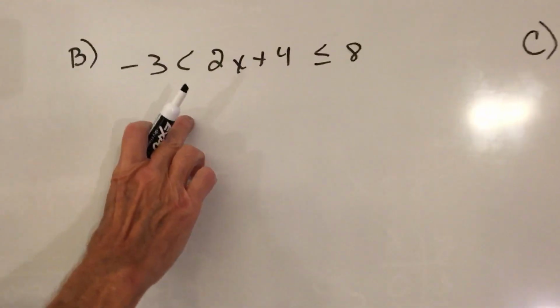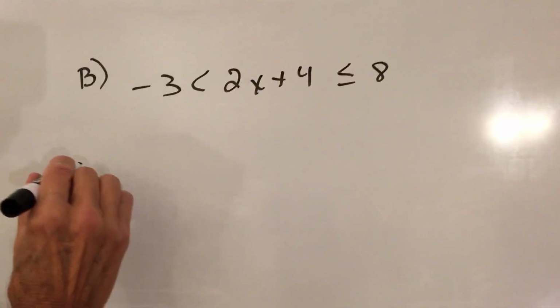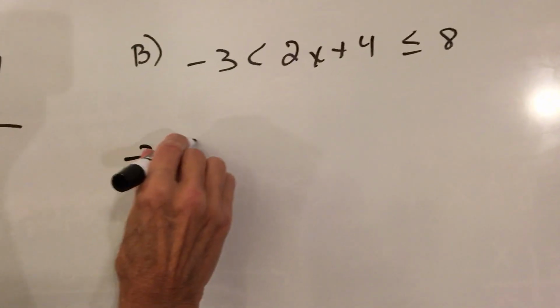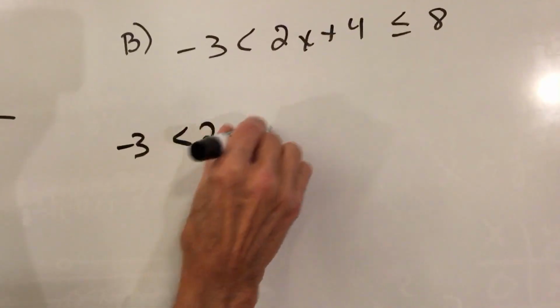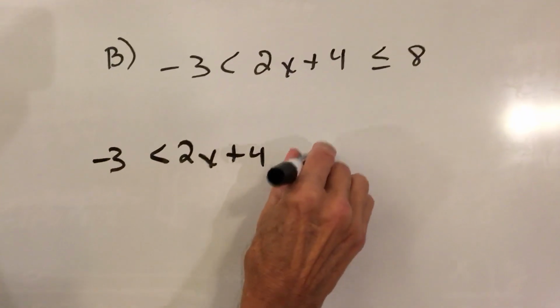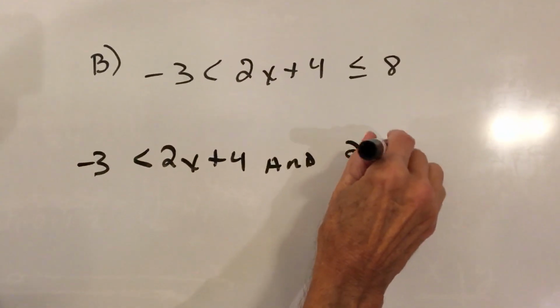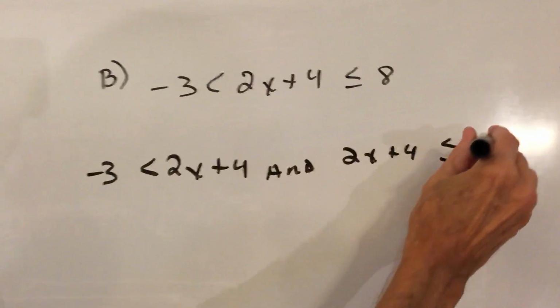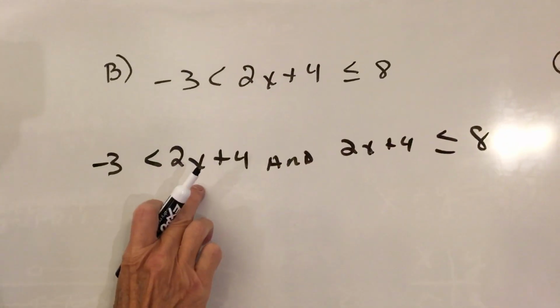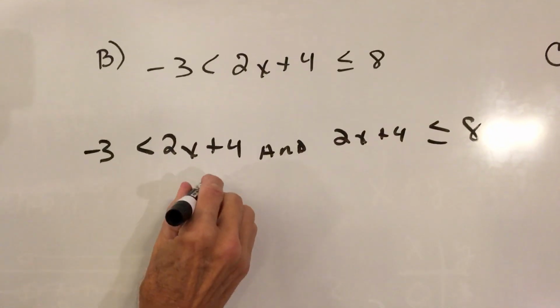Now this is the inequality. -3 is less than 2x plus 4, and 2x plus 4 is less than or equal to 8. We solve this one.